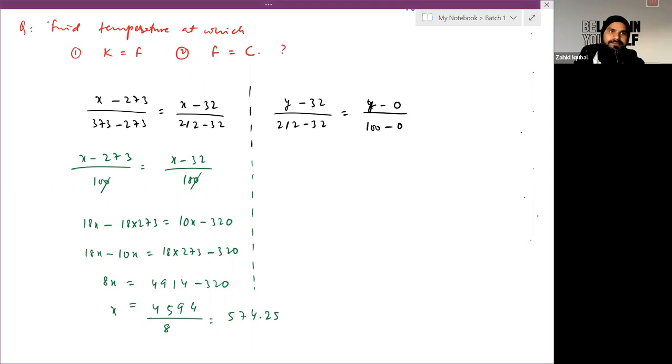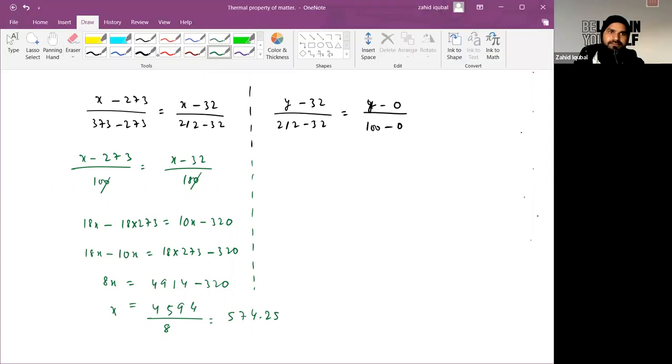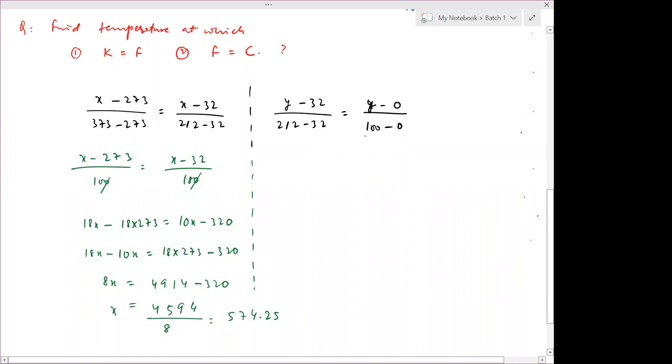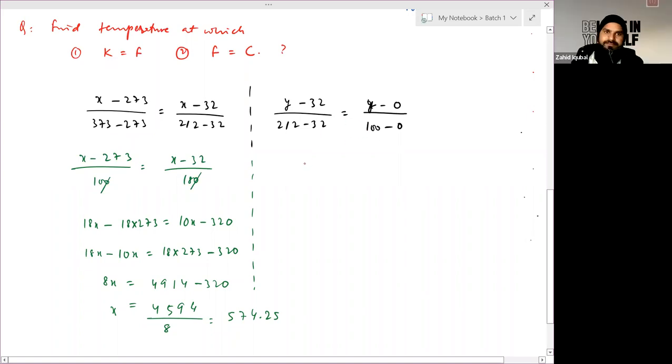Salman, any doubt? Similarly, if you try for the second part, y minus 32 divided by 180 equals y minus 0 divided by 100 minus 0. So 0 and 0 will cancel out. Just cross multiply. 10y minus 320 equals 18y.